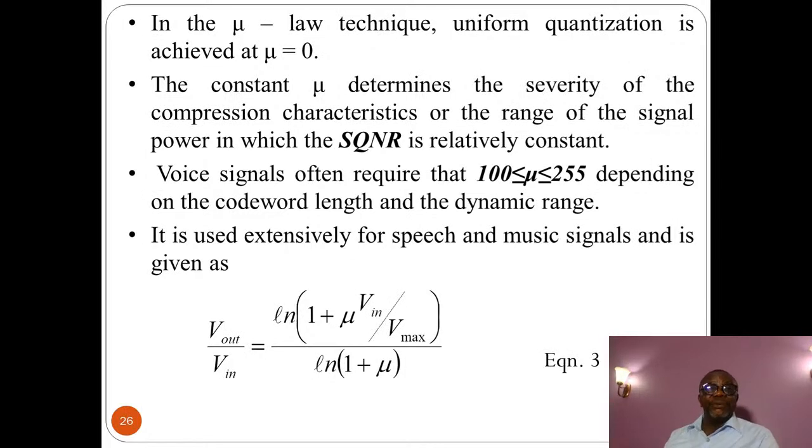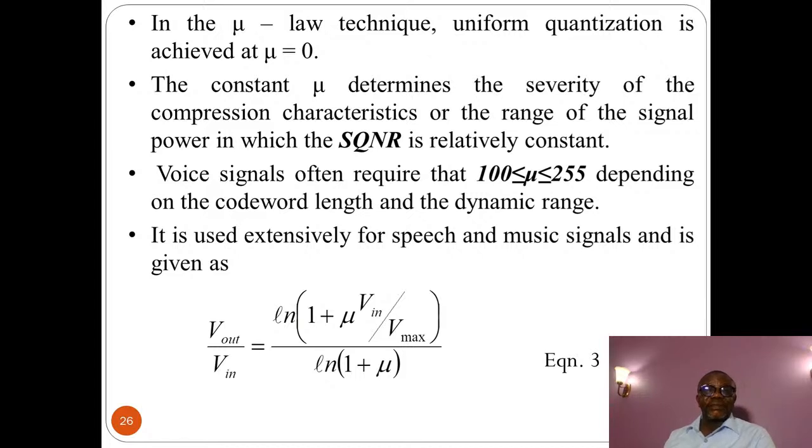So in the mu law, uniform quantization is achieved at mu equals 0. Remember, we say for the A law, it is achieved at A equals 1. For the mu law, it is at mu equals 0.